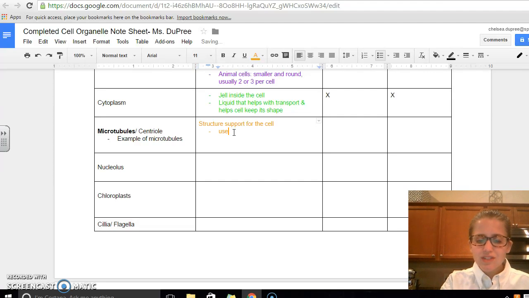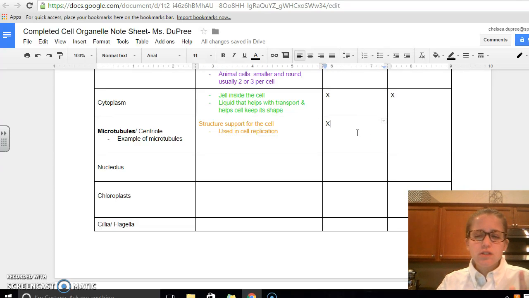They're also used in cell division, which is just a fancy name for cell replication, and we will come back to those later. In our pictures, they usually look kind of like spaghetti noodles, and these are only found in animal cells. Think about it, plant cells already have a cell wall to provide support. They don't need anything else.